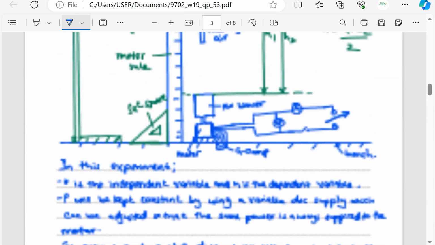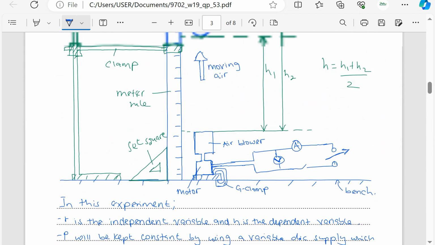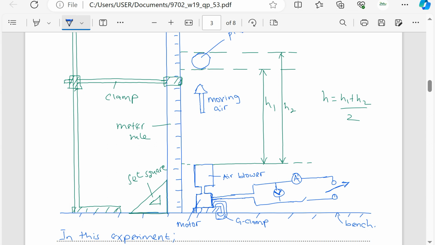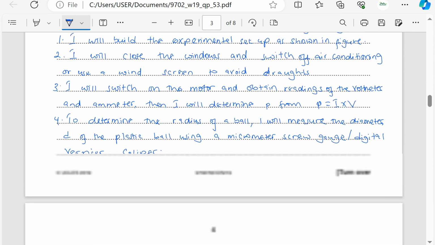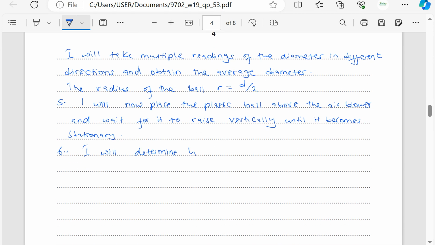Here I showed you that the best way to determine h is you measure h from the bottom of the ball to the top of the air blower, and from the top of the ball to the top of the air blower, then obtain the average. That would be the best value for h. That method would give you an additional mark for that explanation.